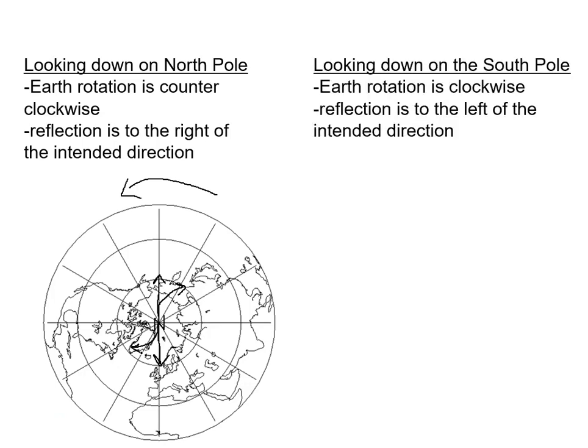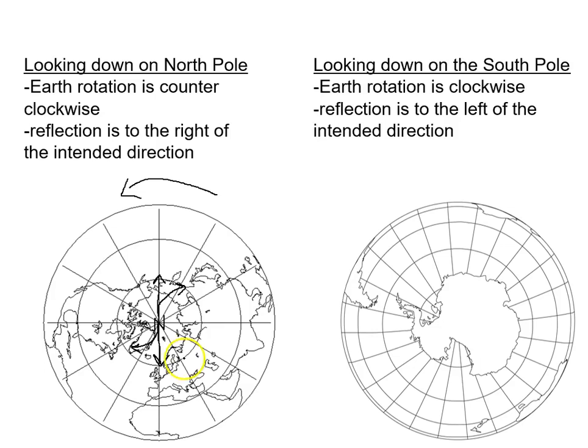Southern hemisphere, we look down on our planet as if we're looking at the South Pole. So here's Antarctica right here, and again, this outer circle represents the equator. In this case, when we see our Earth rotating from that direction, it looks like it's rotating clockwise. So we're going to do that same activity.